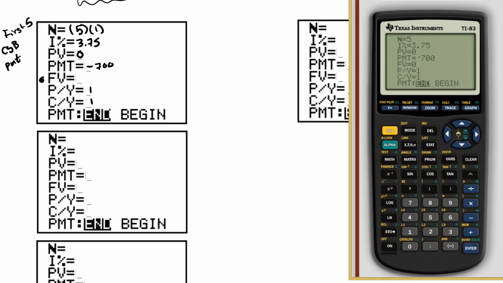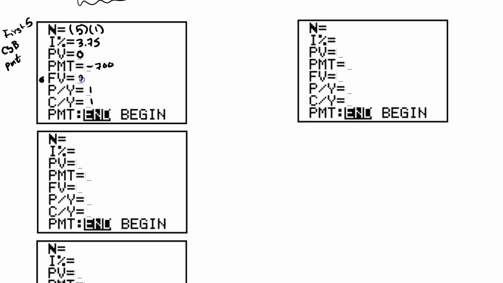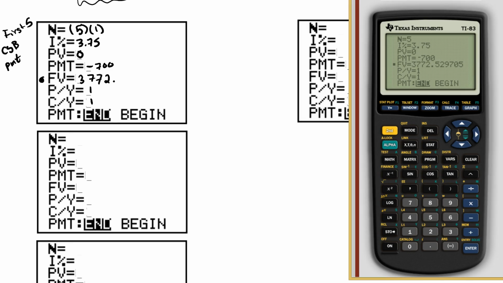Future value, we don't know, we're going to come back to it. And payments per year and compounding periods per year is just 1. So alpha, enter to solve for your future value here. So we have $3,772.53.